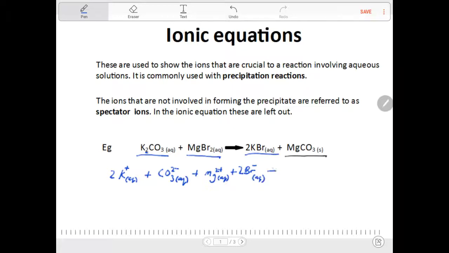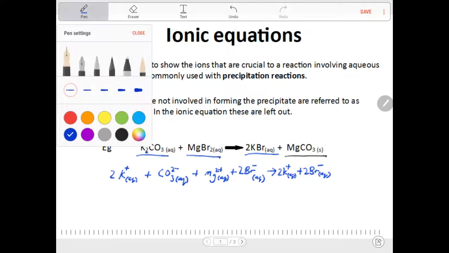Okay, then we go to the other side of the reaction and we have 2 potassium. So we need to write the states. That's meant to say aqueous there. We need to write the states for each one, and that 2 pertains to the bromine as well. So all the aqueous compounds we've written as separate ions.